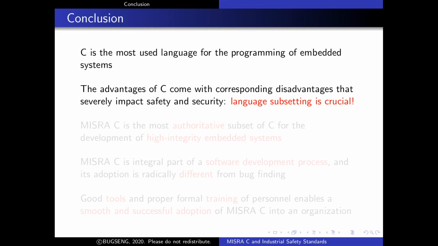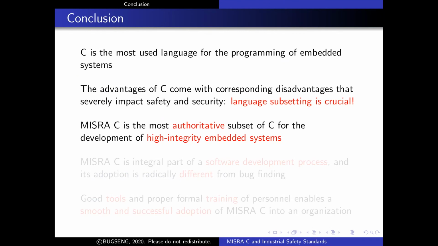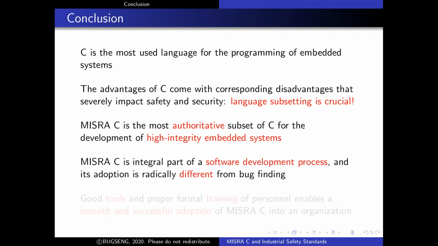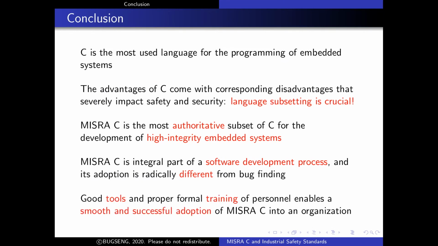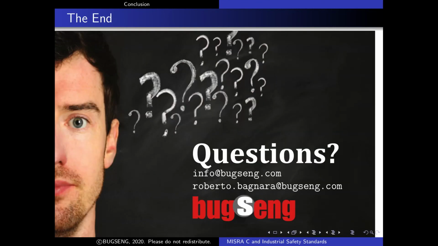MISRA C is the most authoritative subset of C for the development of high integrity embedded systems, and it is an integral part of a software development process that has very little to do with bug finding. Good tools and proper formal training of personnel are essential for a smooth and successful adoption of MISRA C into any organization. And I'm ready for your questions if you have any.